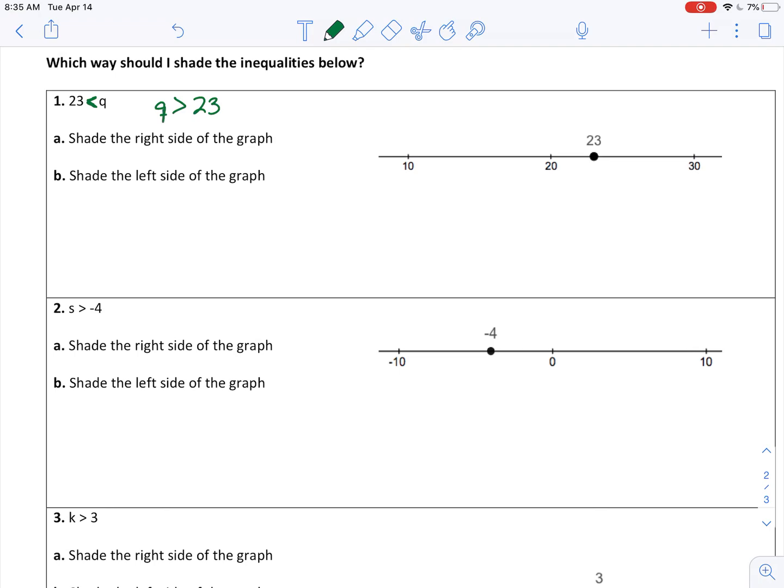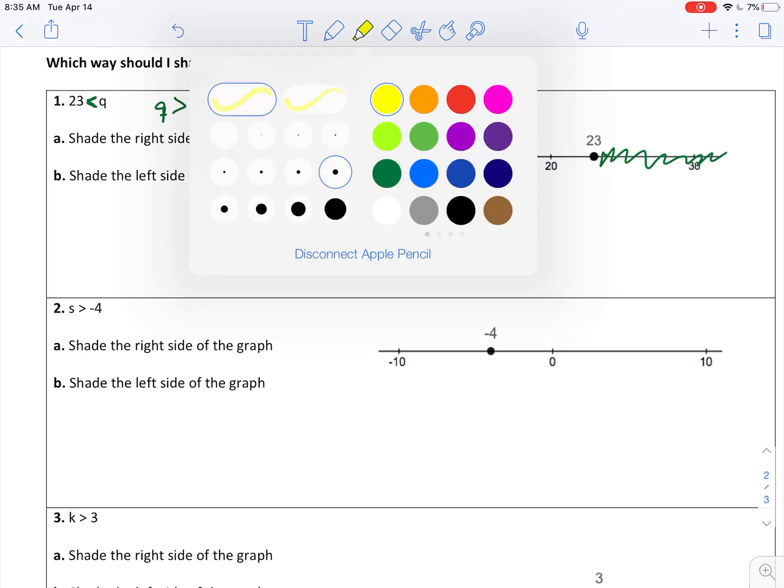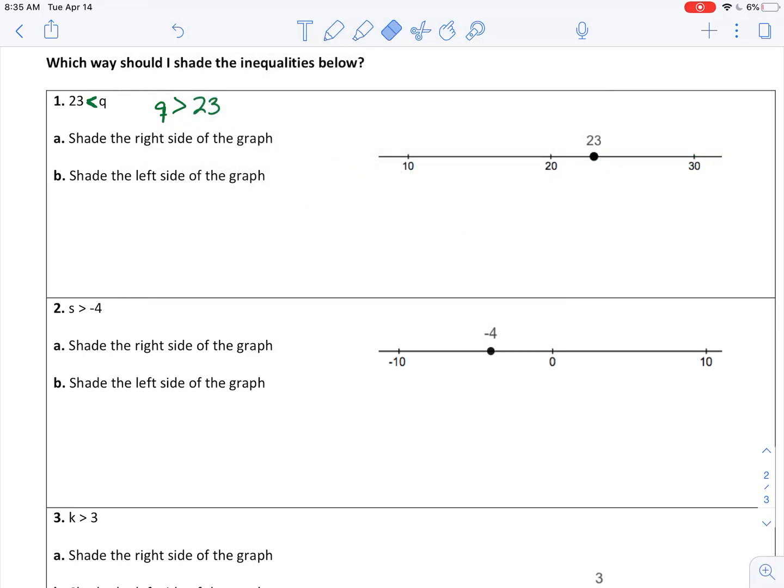So first thing here, make sure that our variable's on the left side. This one is not. So I'll rewrite this with q. This is opening up toward q, so I'll keep that the same. So that says q is greater than 23. So which way am I going to shade?